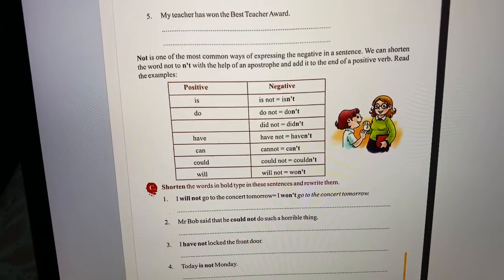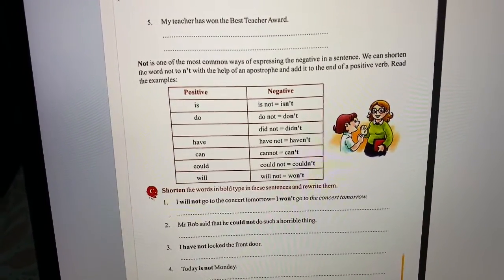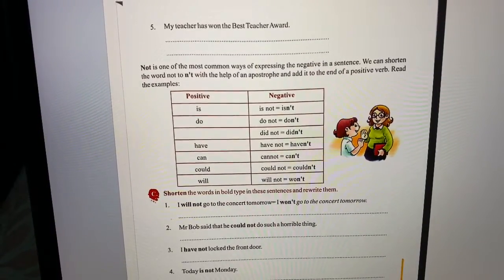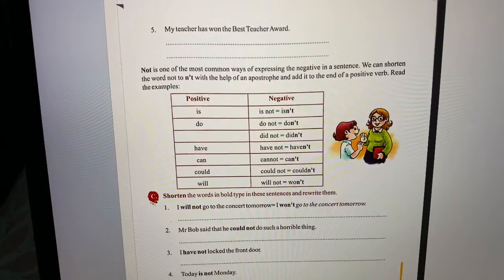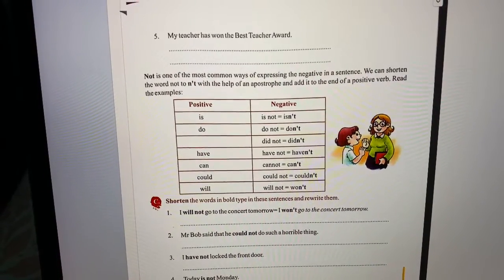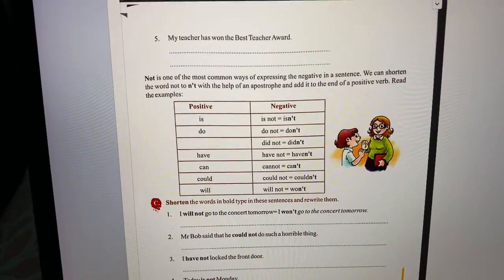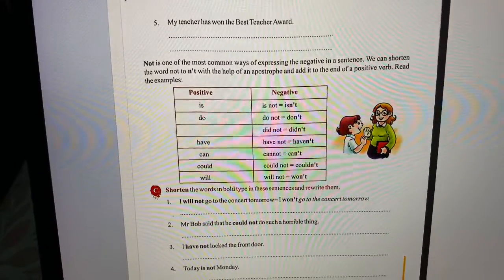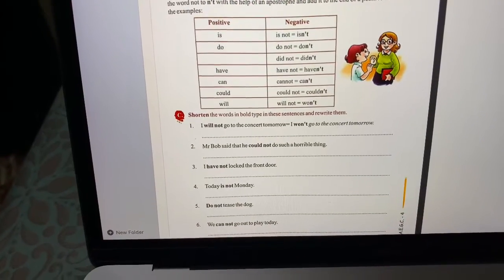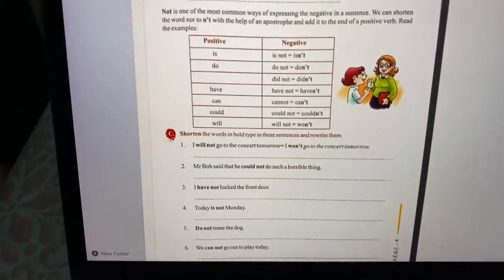So in the same way, we have not becomes haven't, right? Cannot can also be said as can't. Could not can also become couldn't, and will not becomes won't, right? So in this case, the next exercise will be revolving around this.